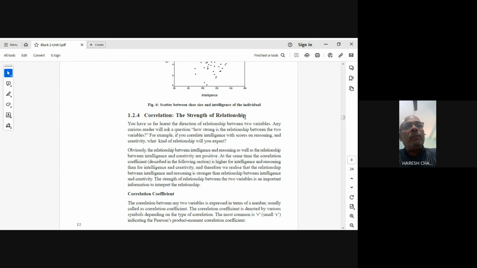Any correlation coefficient will be represented by a minus sign or a plus sign. The minus sign indicates a negative relationship and the value of the correlation indicates the strength. If it is -0.73 and -0.25, then the first is very strongly related but negatively. That is the kind of thing.